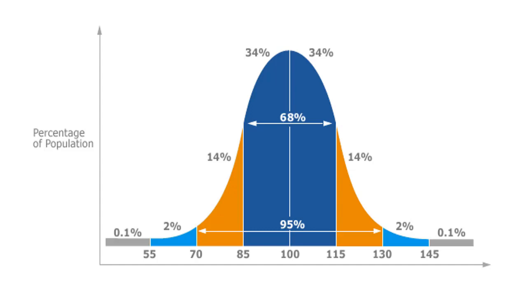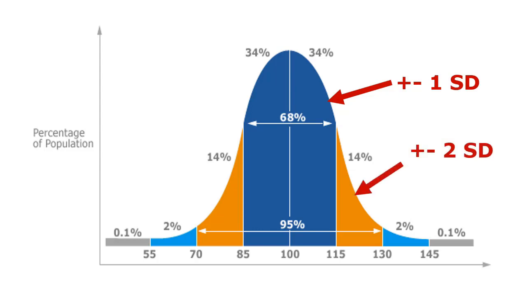This distribution shows you that 95% of the population has an IQ between 70 and 130. And these values are in fact rather accurate for that particular assessment. So again, plus or minus 1 standard deviation, 68%, plus or minus 2 standard deviations, 95%.